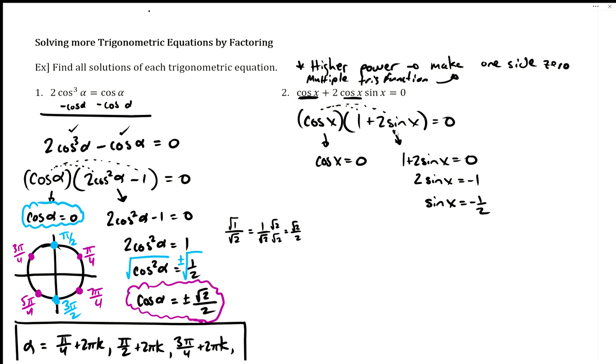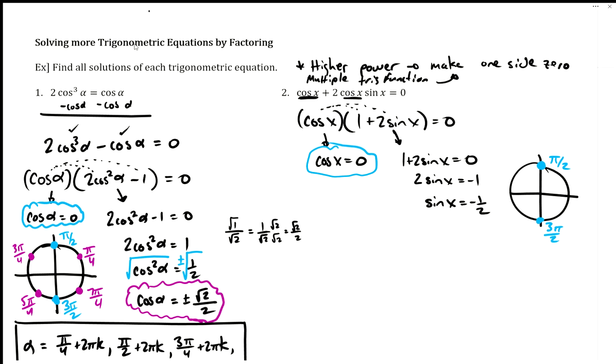And then now I'm using the unit circle. And I'm going to color code the cosine of x equaling 0. Well, we did just do that. It's up here at pi halves, and it's down here at 3 pi halves.